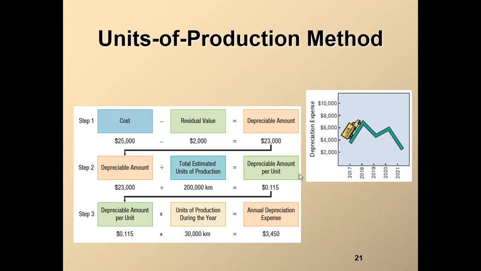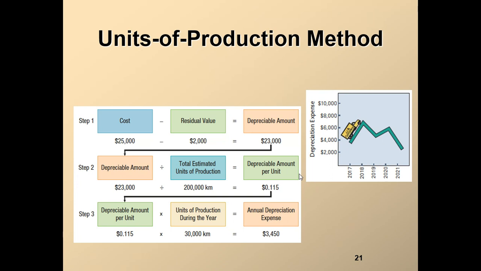All right. So with that specific method, if you take the same example as the previous declining balance method example, if you take 25,000, which is the original cost of the actual item, minus the 2,000 of residual value. Okay, so in other words, at the end of the useful life, they're expecting $2,000 is going to be the value associated with the item, which means that your depreciable amount is 23,000.